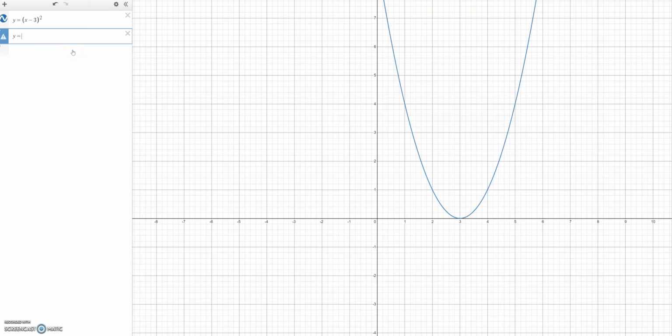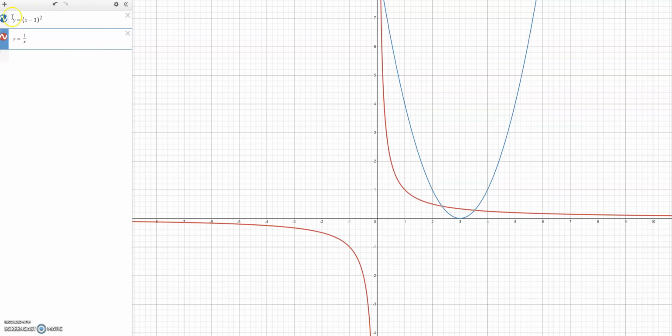So here is an example for a rational function. So here is our rational function that is a parent function. Once again, you put your x in the parentheses down there, and then you add or subtract a number.